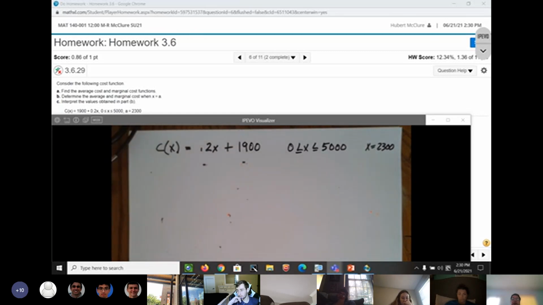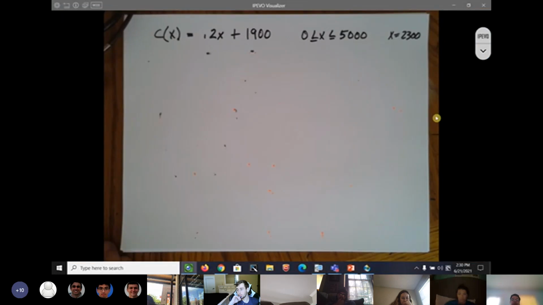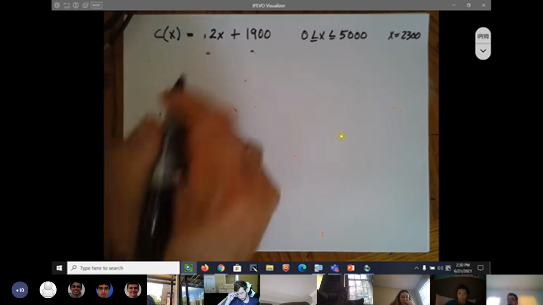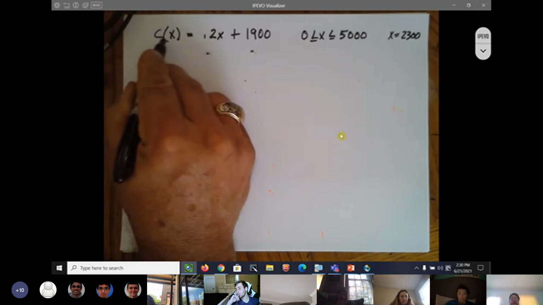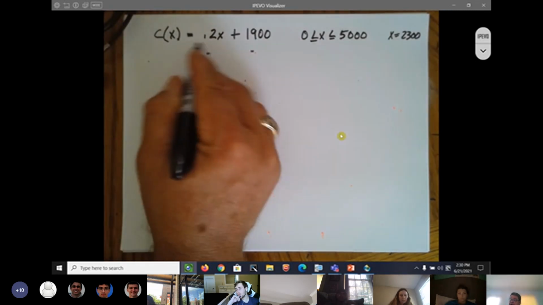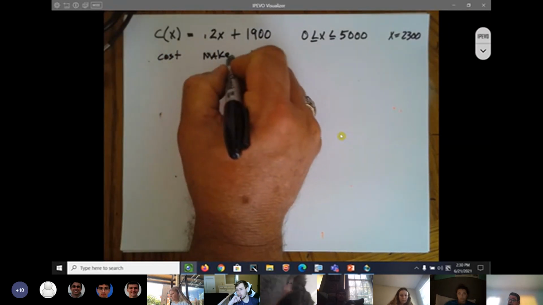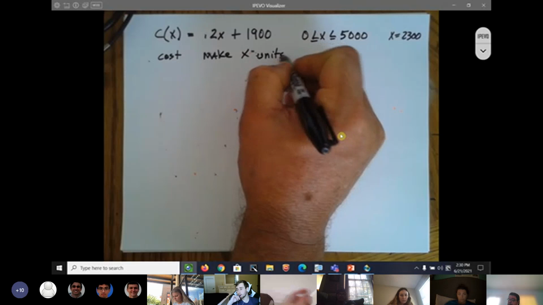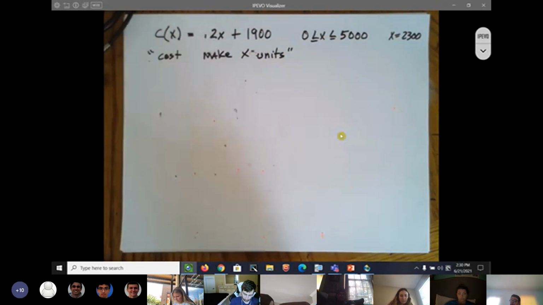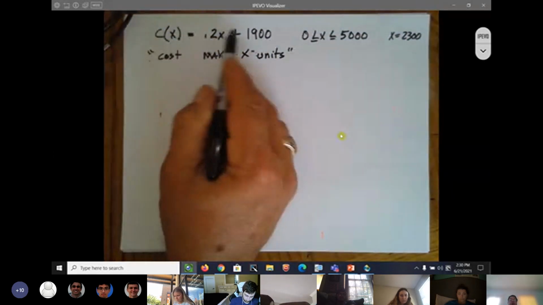Because some of y'all are not economic people, and some of you have never had a business class before. Well, this is cost. This is your formula for cost, making x units.